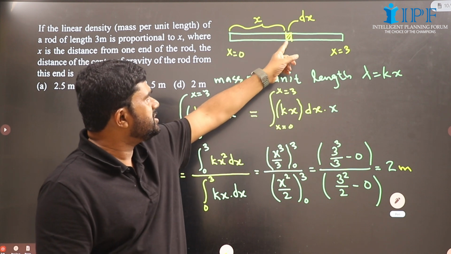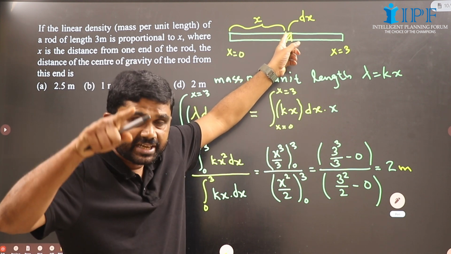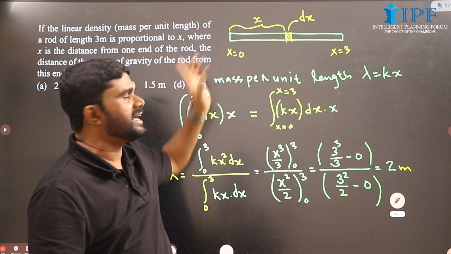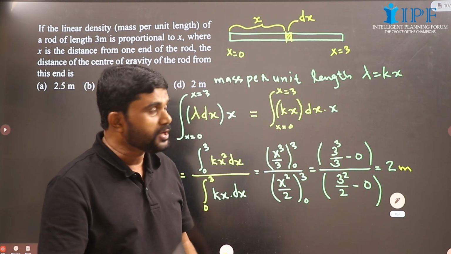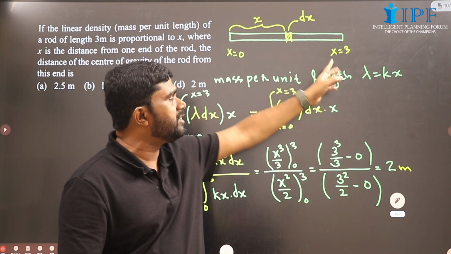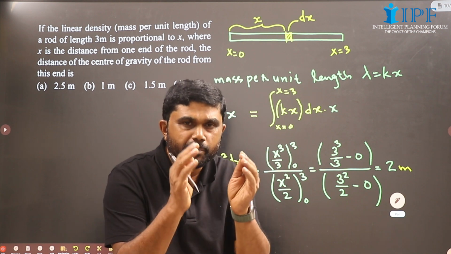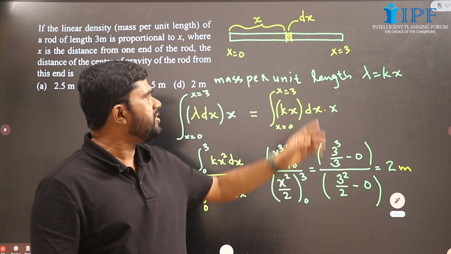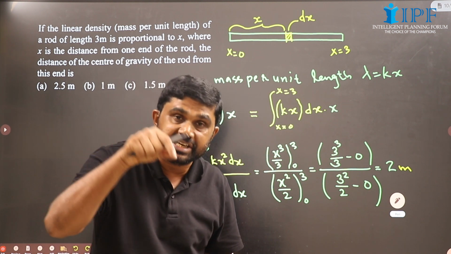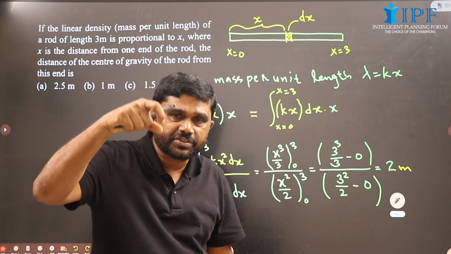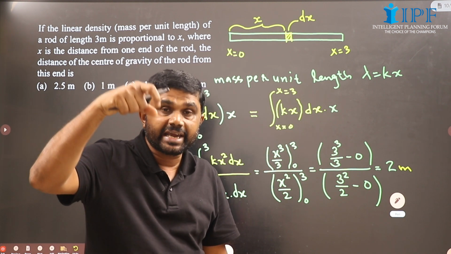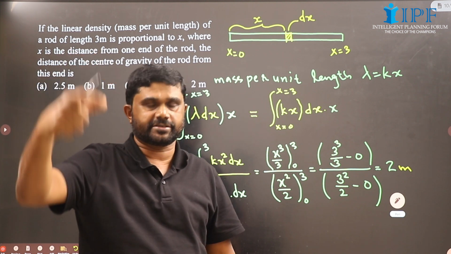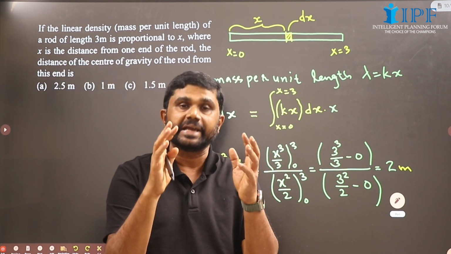As this element is at a distance x from this end, the mass per unit length at this location will be kx. That is the mass of an element of length 1. But here we have a small element of length dx, so the mass of that element will be kx into dx. That stands for m1.